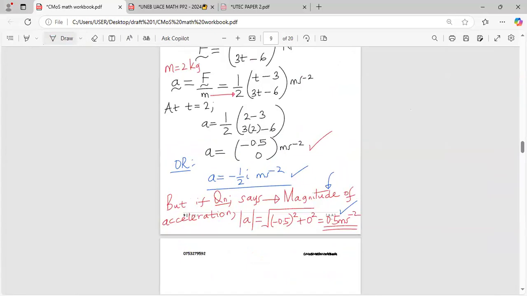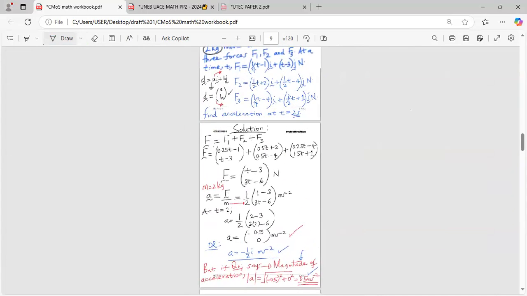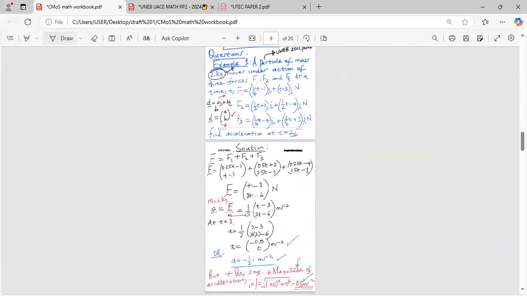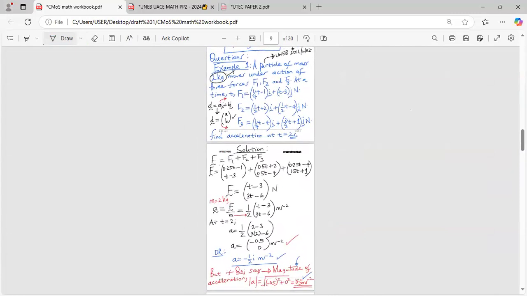Yes, so I want members to tell me whether the first example is okay. I've exposed the question and the solution. It's a 5 marks question. Let me see what people are saying in the chat. We leave it like the first answer. Yes, you either leave it in column form or in position vector form. So when do we integrate, sir? It's the next thing we are doing.